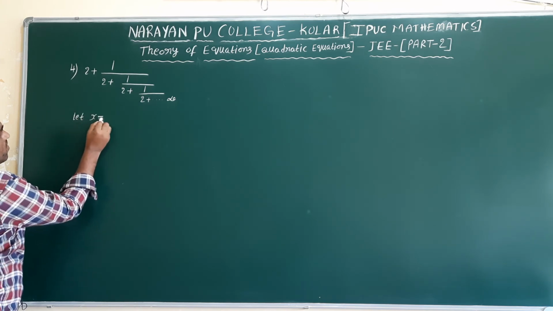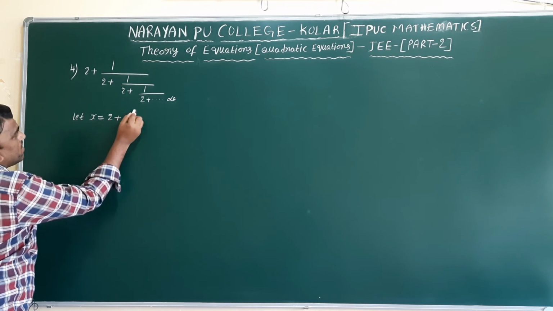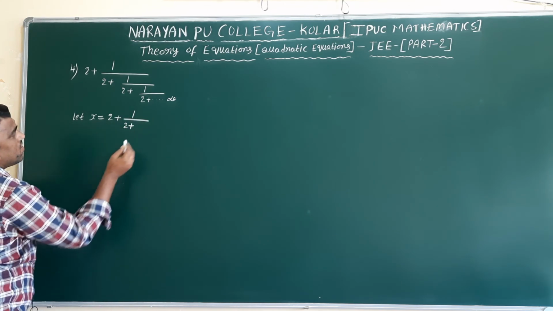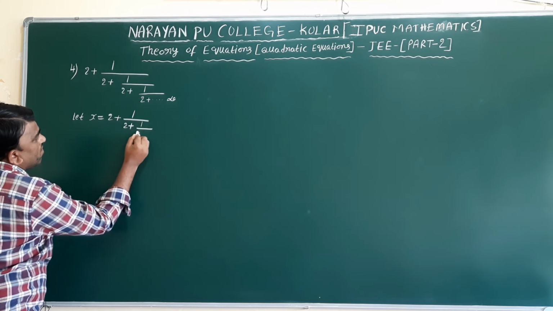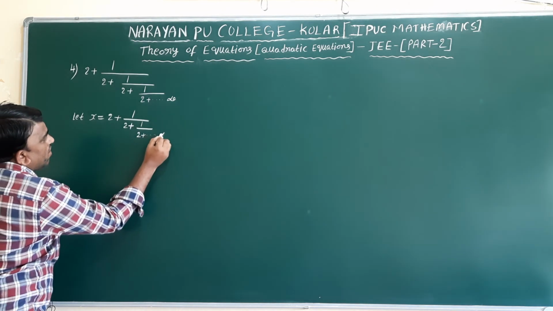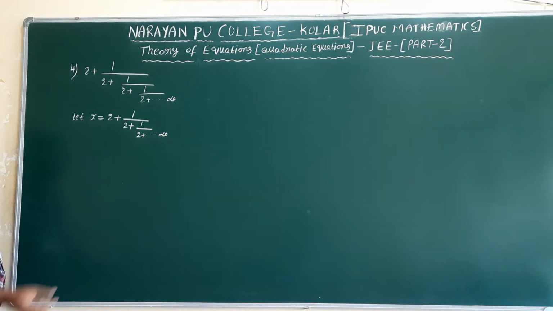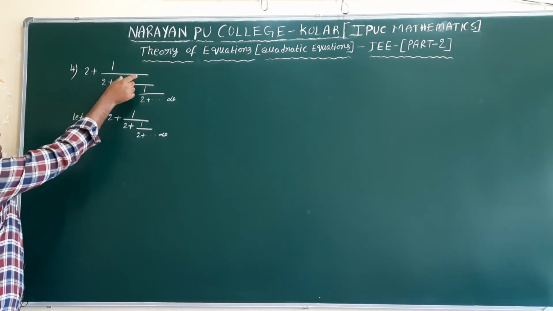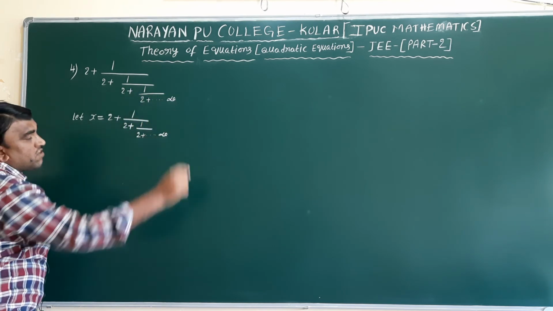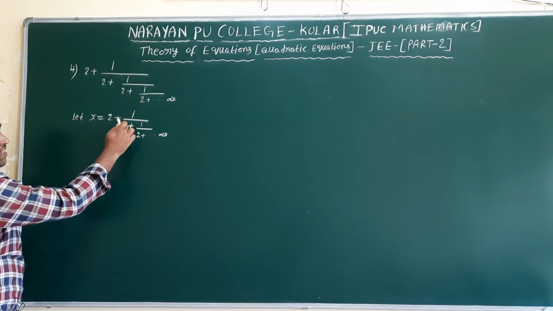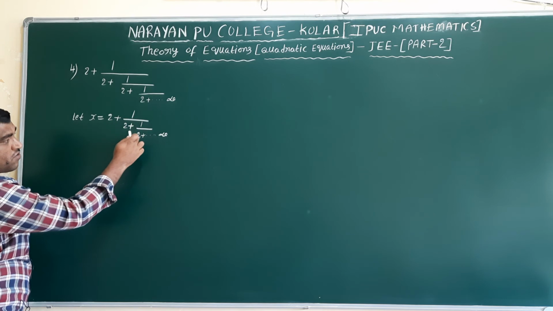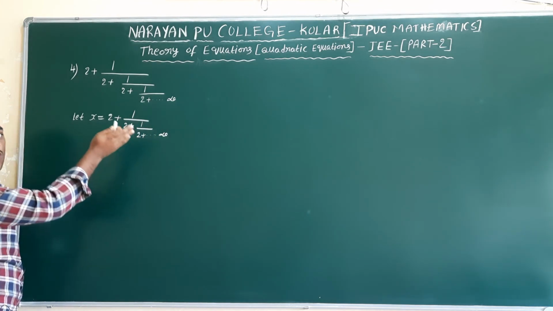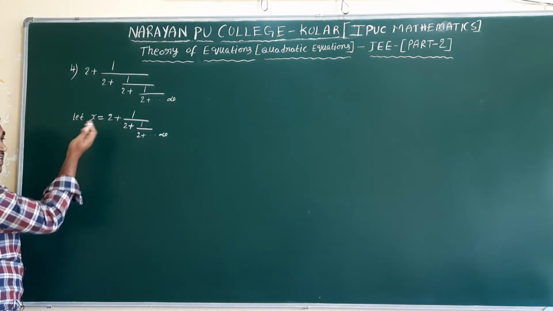Let x equal to 2 plus 1 by 2 plus 1 divided by 2 plus, and so on up to infinity. In place of 2 plus 1 by 2 plus 1 by 2 plus up to infinity, that value we need to consider as x, because we already took it as x.